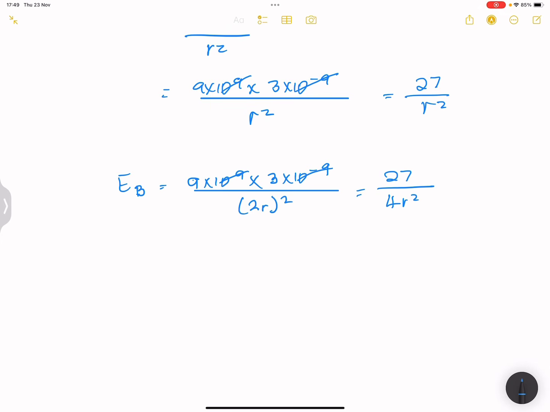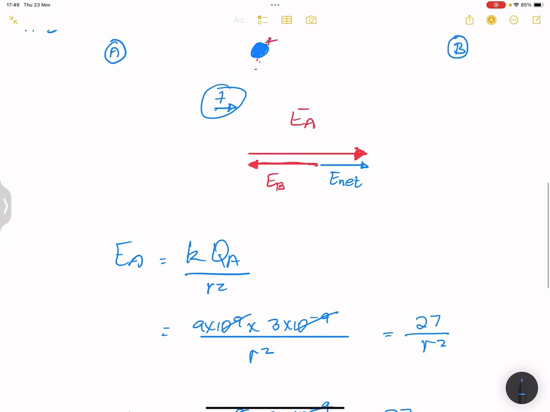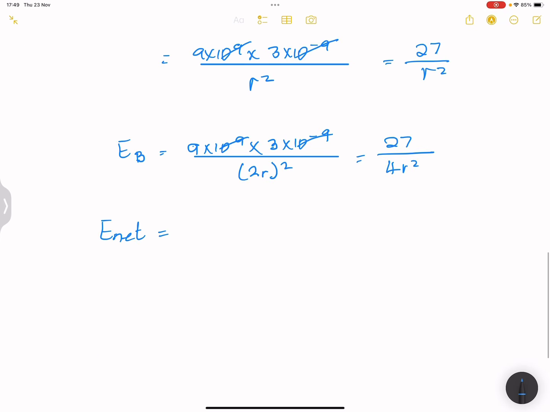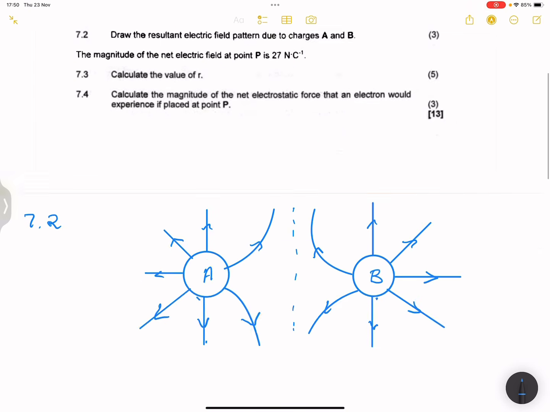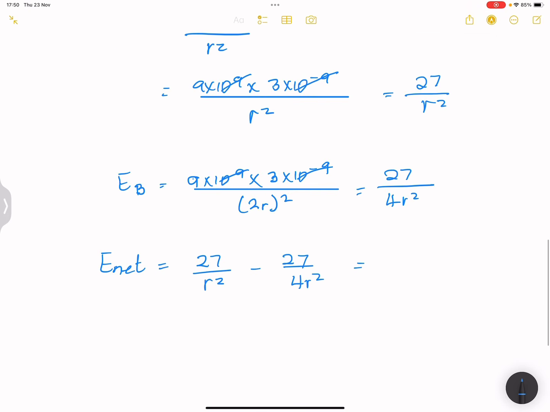E net was EA minus EB. So that's 27 over R squared minus 27 over 4R squared. So the difference between them would be the field that is given, which is actually 27 newtons per coulomb.